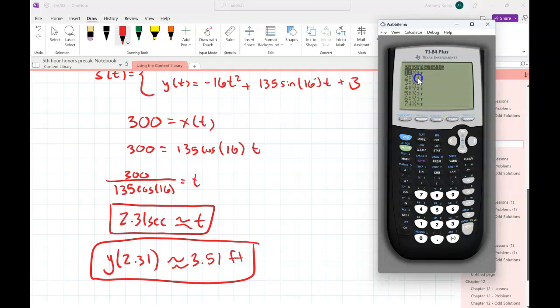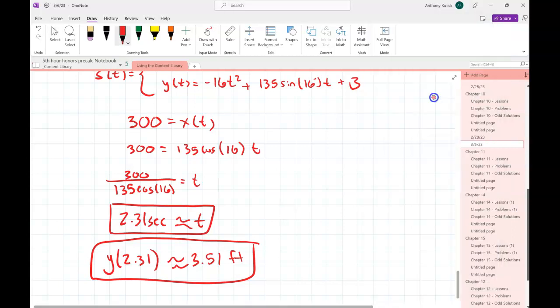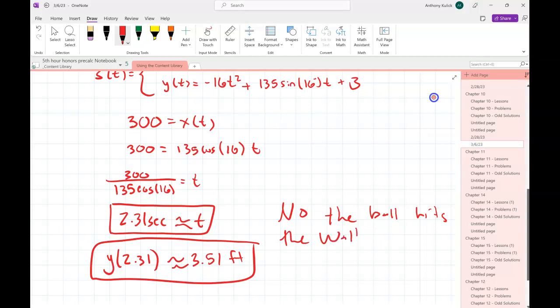And I did y1t because that's where the y component for the motion of my baseball was stored. So y1 of that number gave me 3.51. So what do we say? No, the ball hits the wall 3.51 feet above the ground.